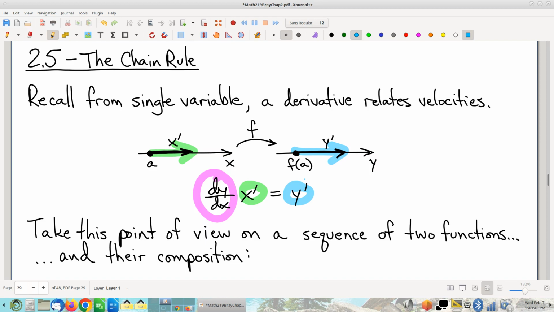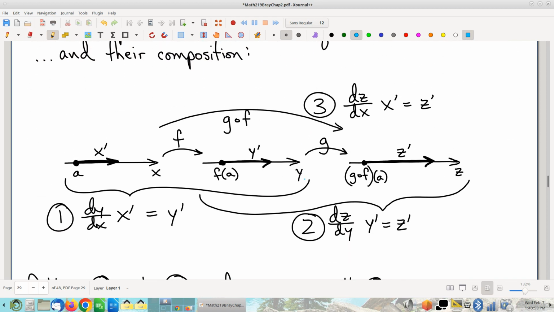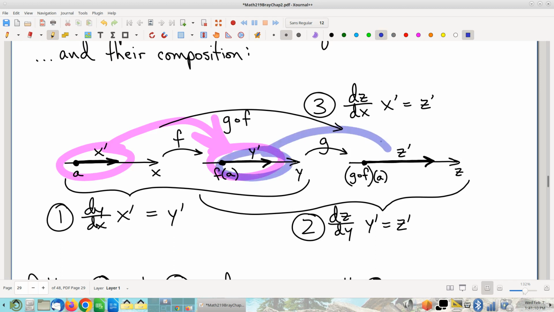Okay. All right. And specifically, it's a factor. Don't think of it as a fraction. Think of it as a factor. It's what you multiply by one to get the other. And with that in mind, we found ourselves understanding f prime as this factor that you multiply there, and g prime as this factor that you multiply there, and so all together, to turn x prime into z prime, we've multiplied by the product of those two factors.